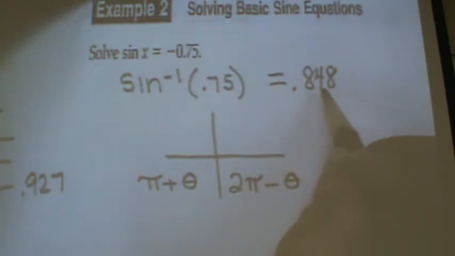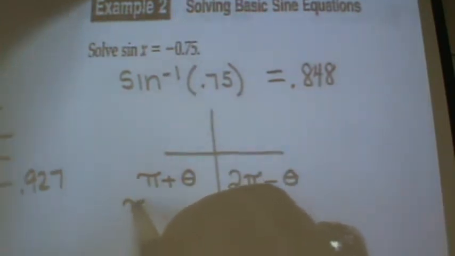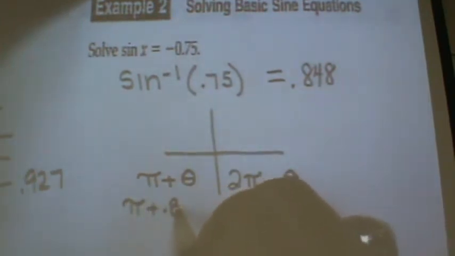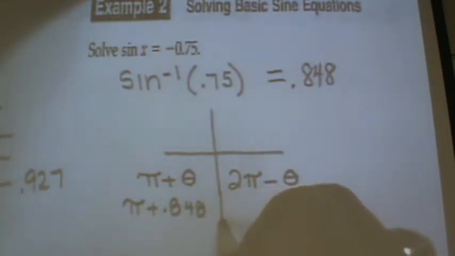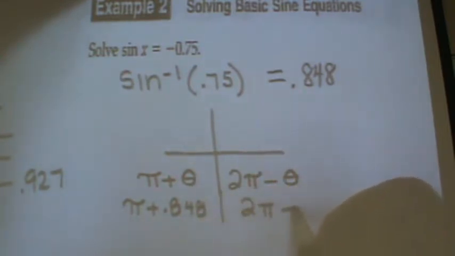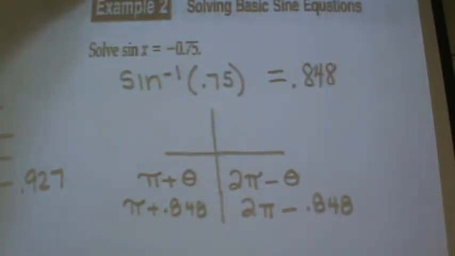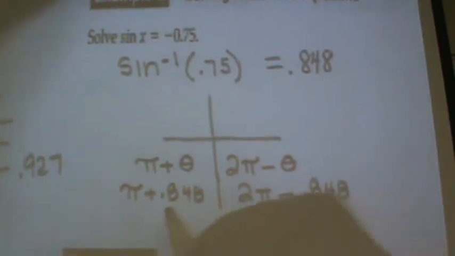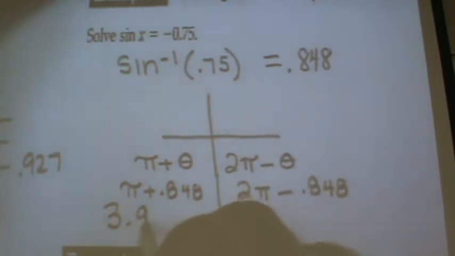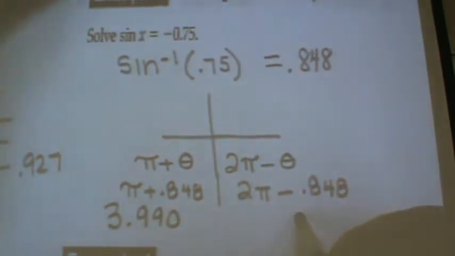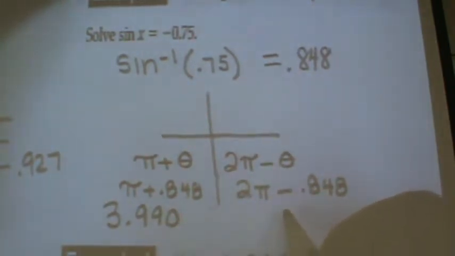So what I need you to do is take pi and add 0.848 to that, and then do 2 pi minus 0.848. So the two answers you should get are 3.990 and 5.435.